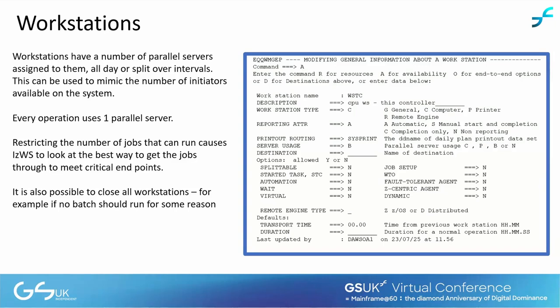If you use none or just planning, then although you might have set it to just 5 parallel servers being available during the day, if we're not tracking parallel server usage, then that's pointless. It will still submit more jobs than you want it to.